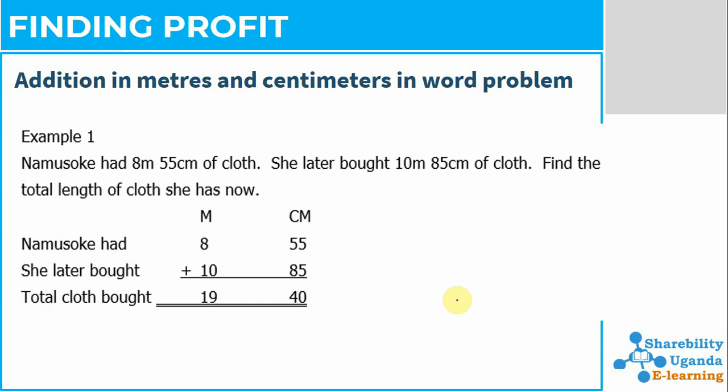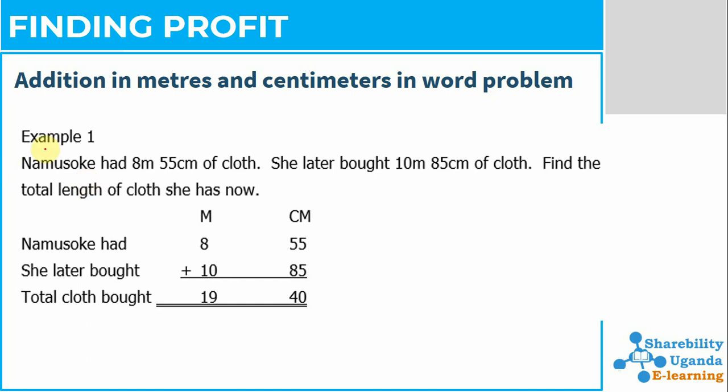Okay, so to make more practice of this, we shall also still deal with addition in meters and centimeters in a word statement. Here they bring these things in a form of a statement, and they need you to extract the knowledge and find out whether you are supposed to use addition or subtraction.